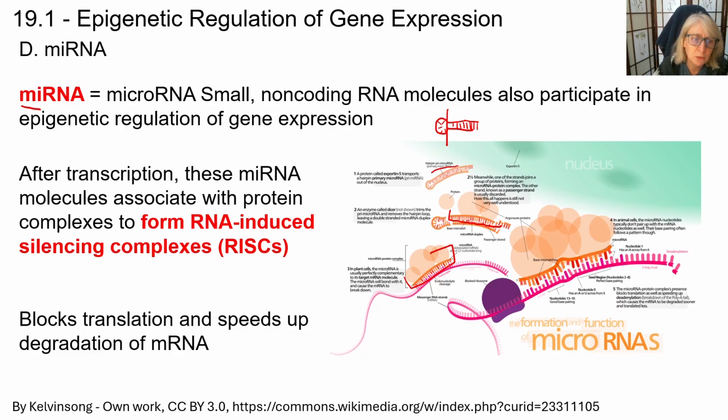But what they do is then start to block translation. So they make those mRNAs less usable by the ribosome and may actually help those mRNAs degrade. We think they have a role in breaking down that polyadenylated tail at the end of the RNA.